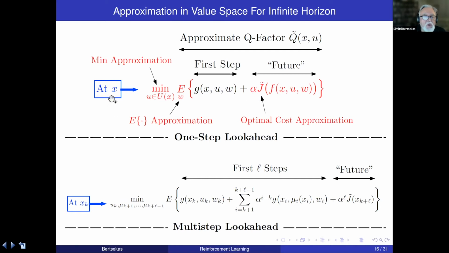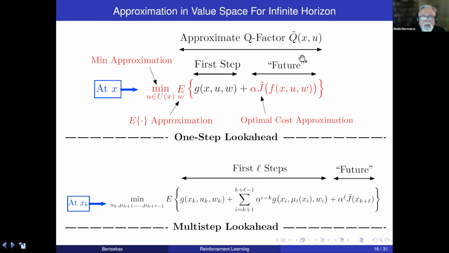And what we do at a given state x, we minimize the expected cost of the first stage plus the discounted cost function approximation for the remaining stages, starting from the next state. And there are still 3 approximations to consider here: J tilde, expected value, and the minimization approximation.